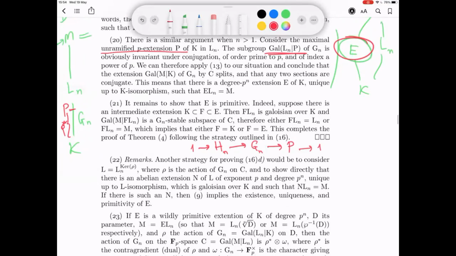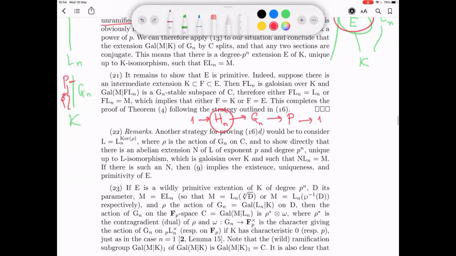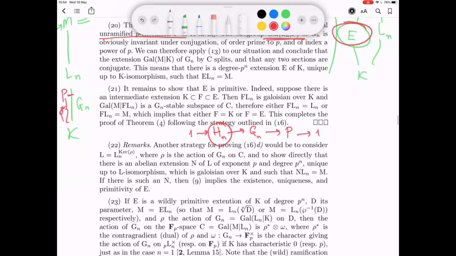that's in G_n. And then the quotient is a p group, right? But this H_n, what property does it have? The thing is that this is totally ramified, but it's tamely ramified. So the degree of L_n over this P is going to be prime to p.